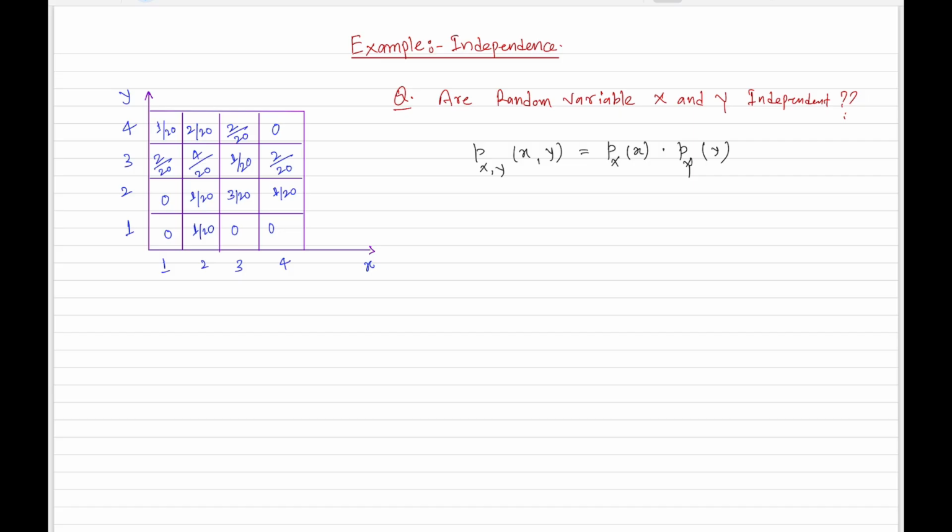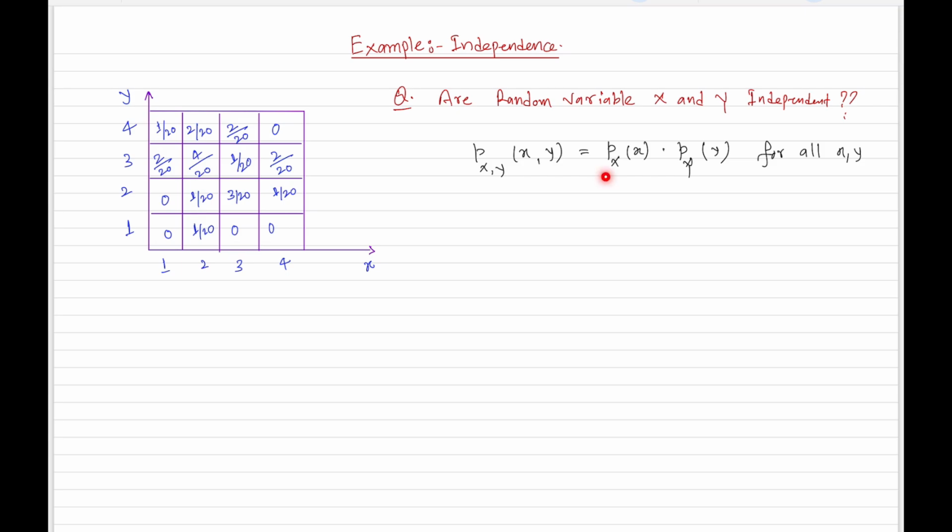And this condition needs to be checked for all possible X and Y pairs. You can easily do that, right? Because these probabilities are already given for all possible values of X and Y. So this joint probability is already given.